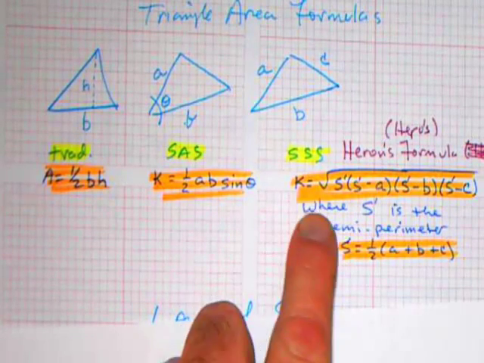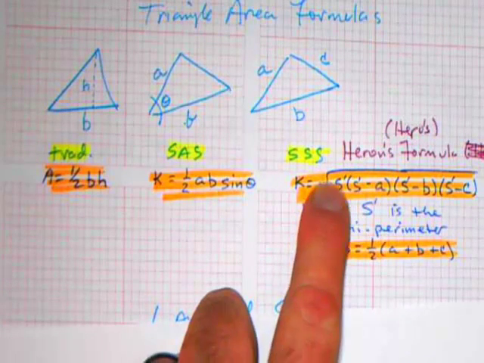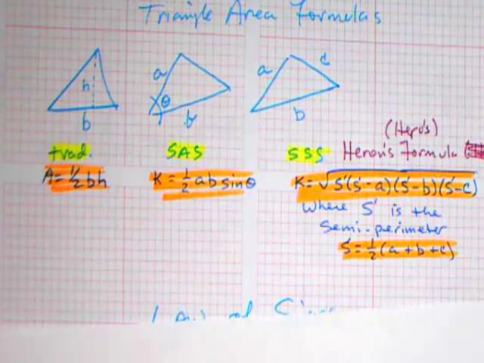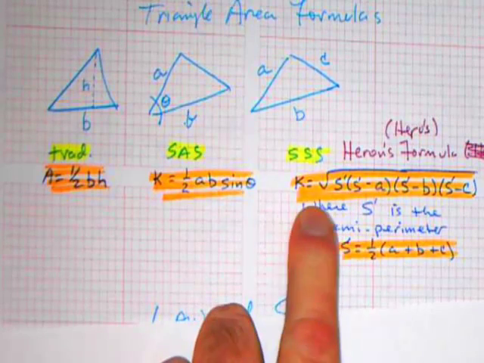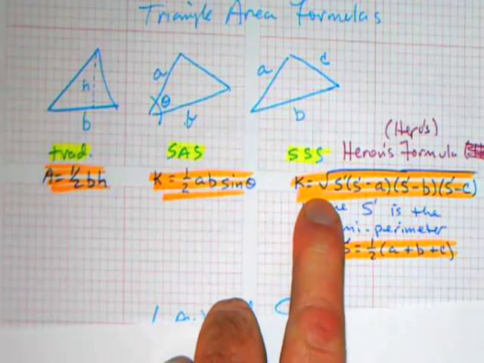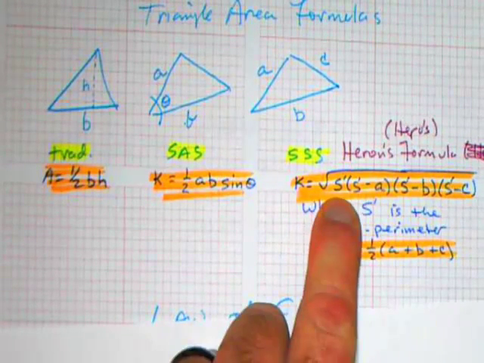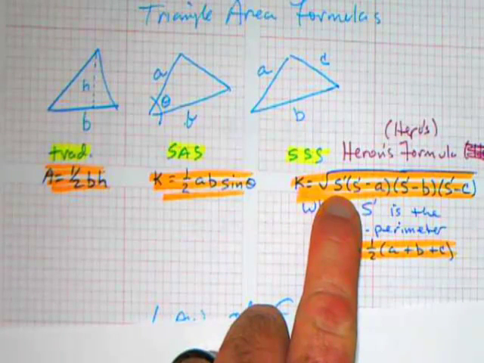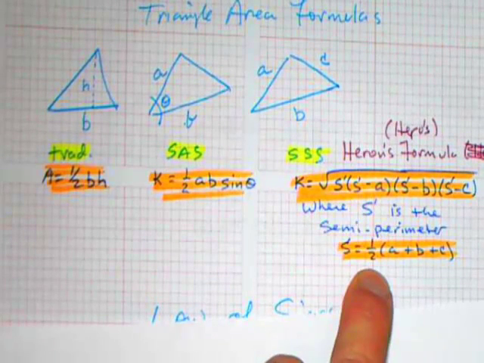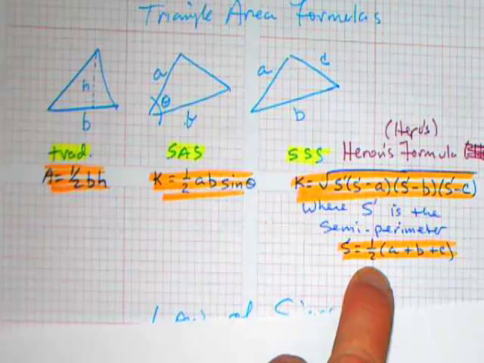And then the other formula that we have for area is Heron's formula, or our book calls it Hero's formula, which says that the area is equal to the square root of the semi-perimeter, which is S, and the semi-perimeter is 1/2 the perimeter of the triangle. So if you're given the three sides, you can add those up and divide by 2.